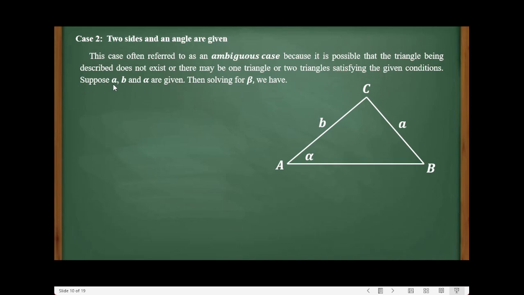Now, suppose sides small letters a, b, and angle alpha are given, then solving for beta, we have the following.